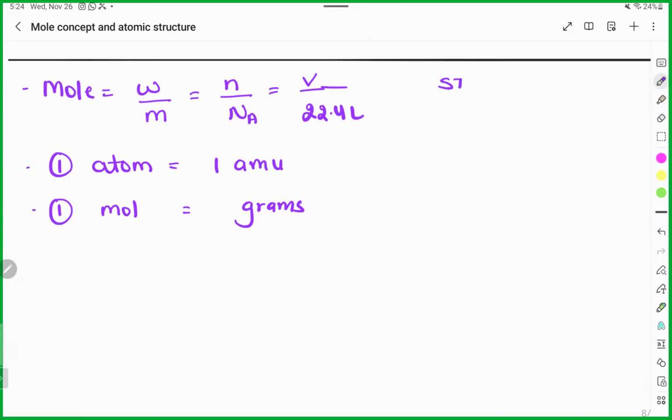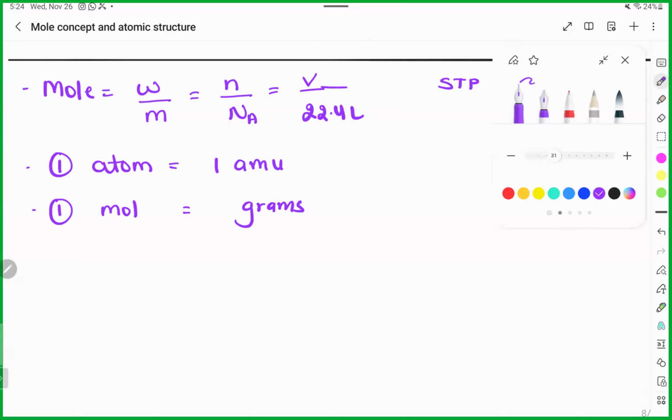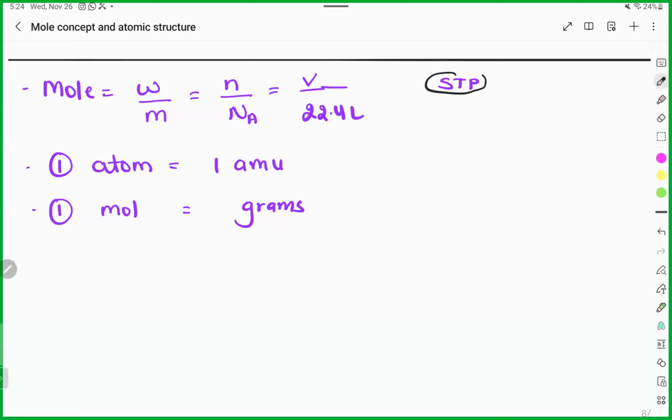Next, standard temperature and pressure, what is STP? STP says that if you have 0 degree Celsius temperature and 1 atmospheric pressure, it is standard temperature. Then you have the empirical formula, the simplest whole ratio.